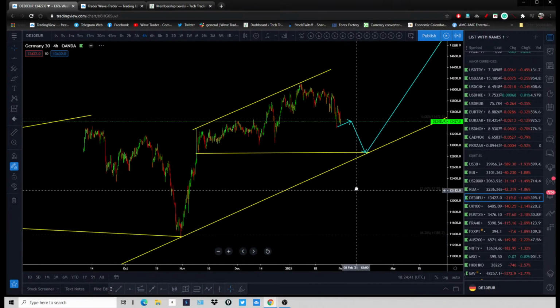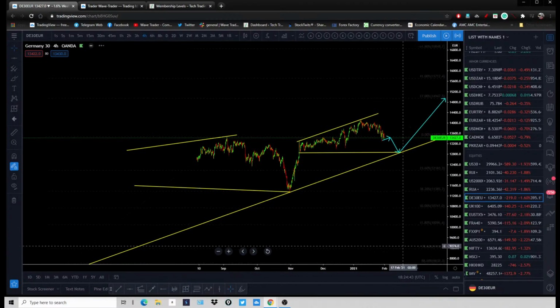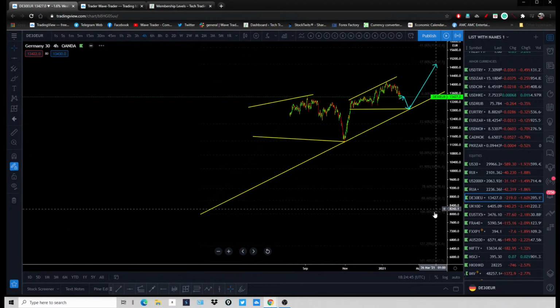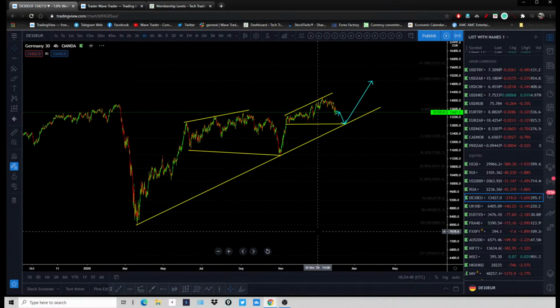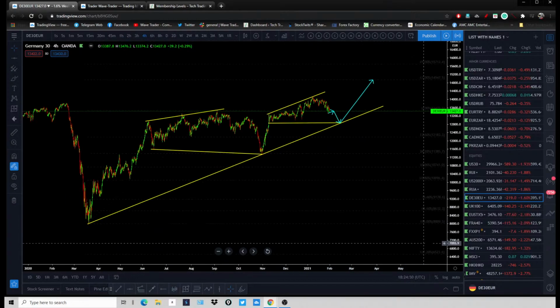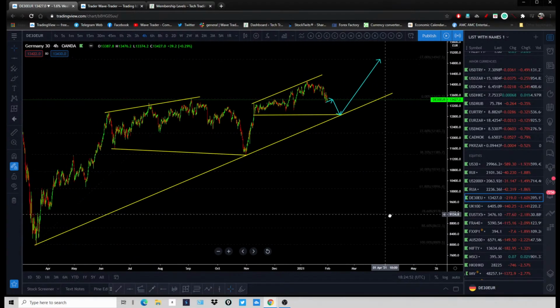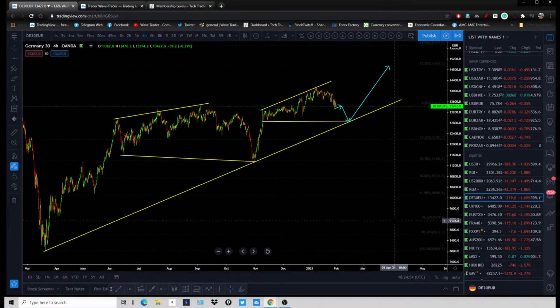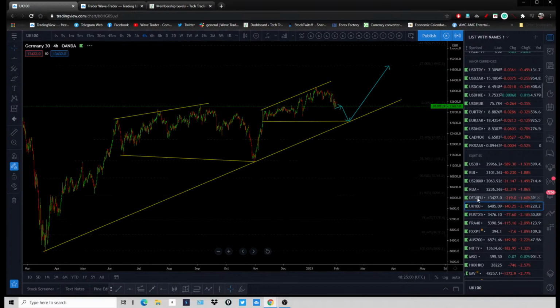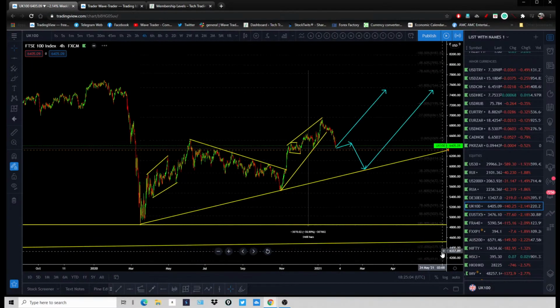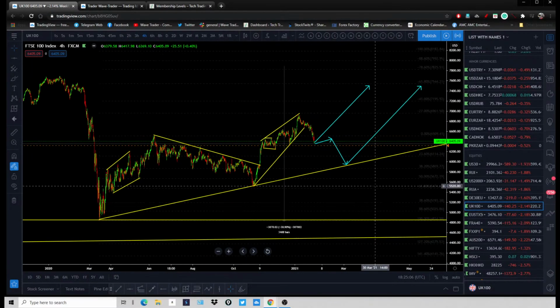Same goes for the DAX, which can also drag lower all the way back to that trend line. I'm showing the same structure or pattern on almost all indices, the expanding triangle formation, so you are waiting for the expanding triangle formation and for continuation. The UK 100 index also has a very similar expanding triangle formation, or a drag a bit more lower back to that trend line.